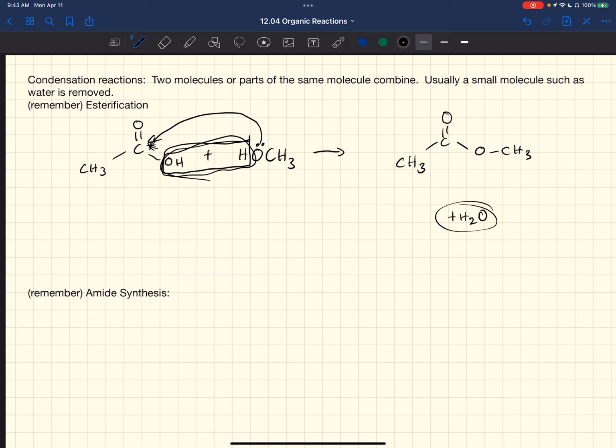Usually a small molecule such as water is removed. So that makes an ester. There's our ester, so it's an esterification reaction. A carboxylic acid and an alcohol. So you just got to remember that one.